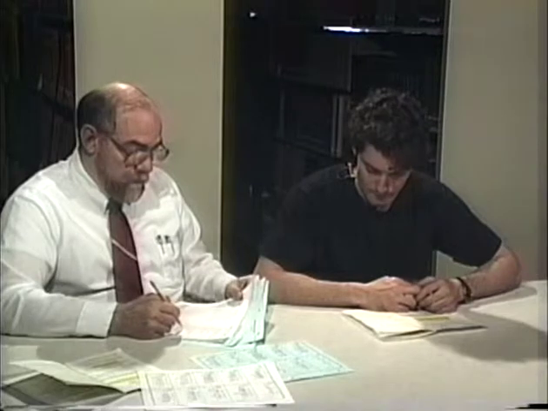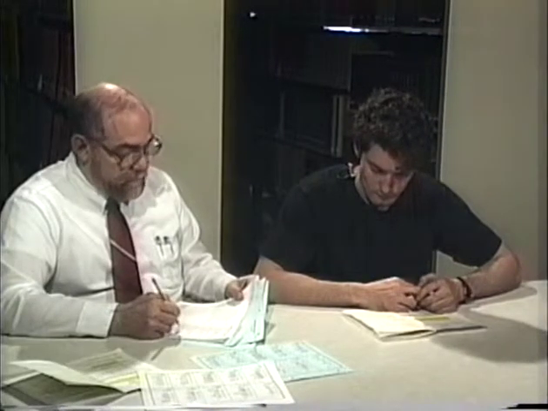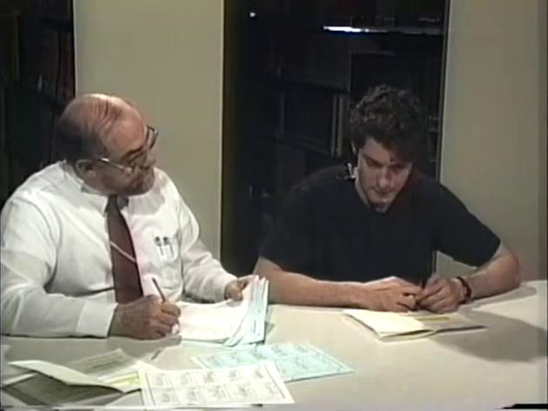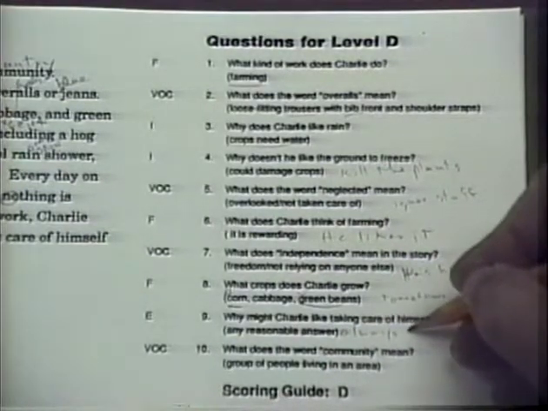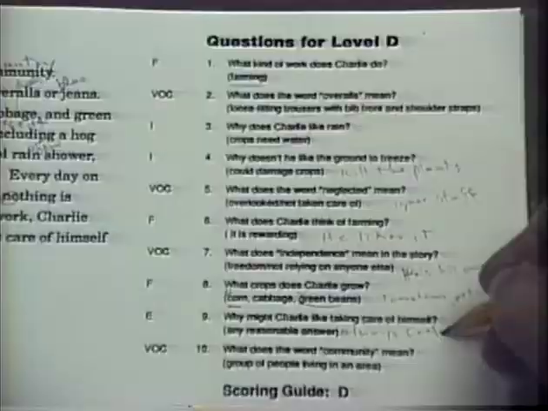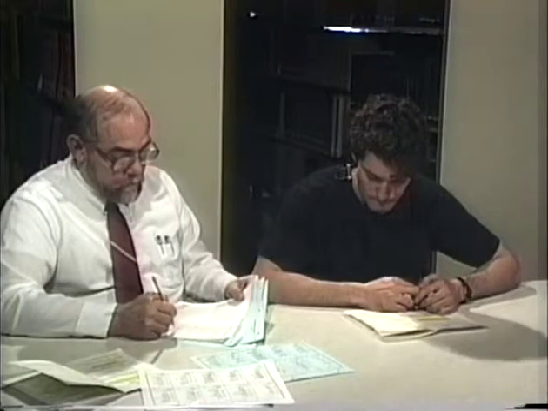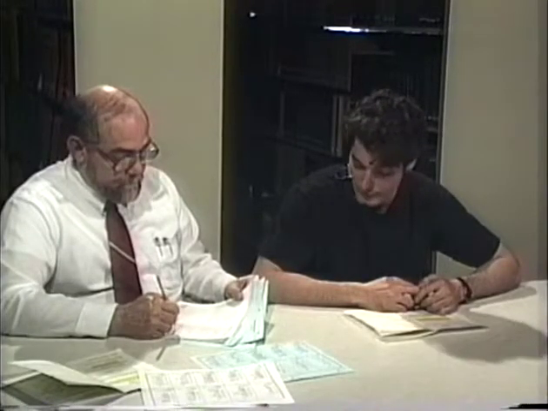Oh yeah, corn, green beans. Yeah. Okay. Why might Charlie like taking care of himself? 'Cause it always feels good, you know, when you don't have to ask somebody for help. Okay. What does the word community mean? Like Franklin community, a place where people live. Good, good. Very good.